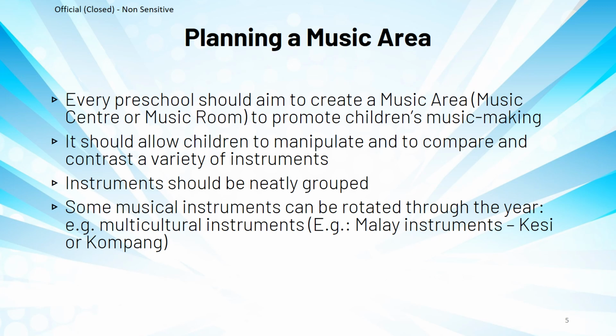And then number 2, rotate. Rotate the instruments throughout the year. So do not put the same instrument there for the entire year. Instead, you want to then just rotate out the different instruments that you have rationed out throughout the entire year. And unique instruments that are cultural can be included a month or a few weeks before the beginning of the cultural festival. So that is how you can rotate and have enough instruments to last through the entire year.